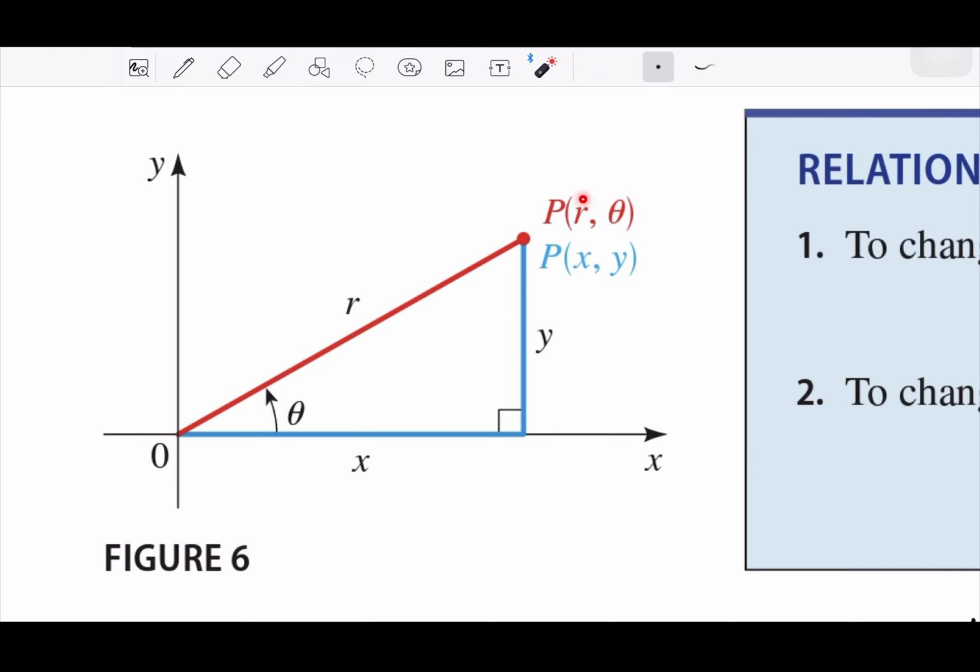Now the question is how to relate this r and theta with x and y.